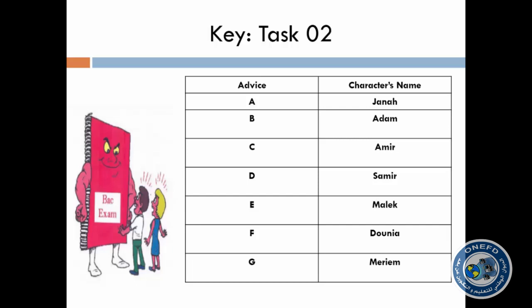So let's move on to another point. We have related advice with the right character name. So we are going to review how to express advice in the English language.